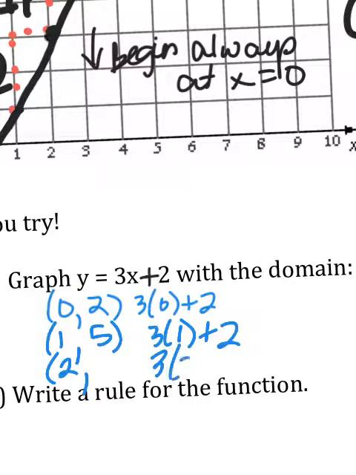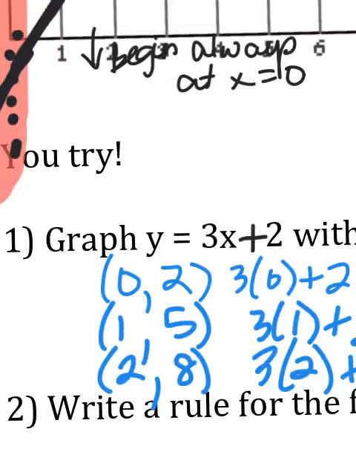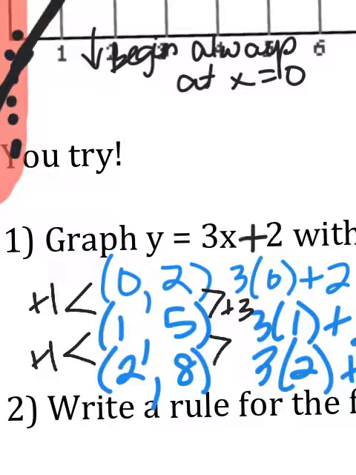Now I'm going to plug in 2. So 3 times 2 is 6 plus 2 is 8. And look what's happening every time. Every time I increase by 1 on the input, I increase by 3 my output. Increase by 1, I go up another 3, because my rate of change on that is 3.